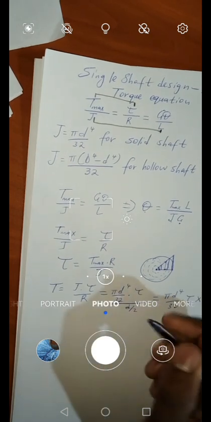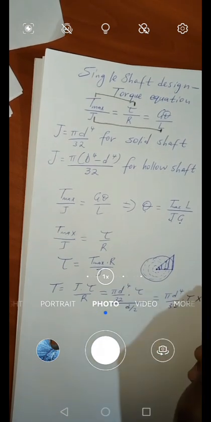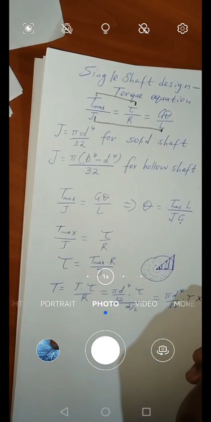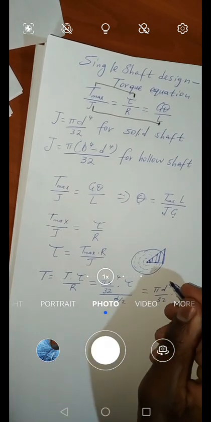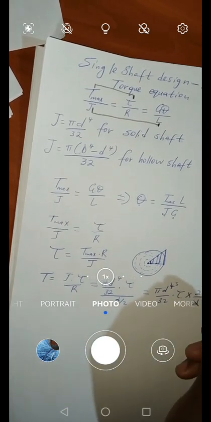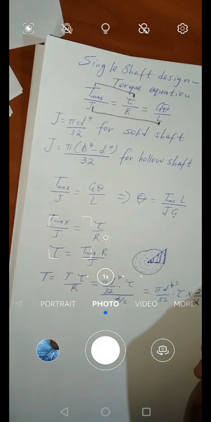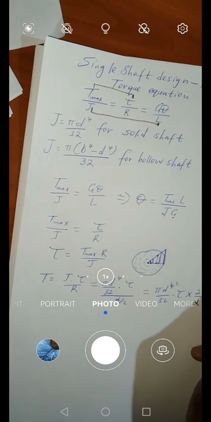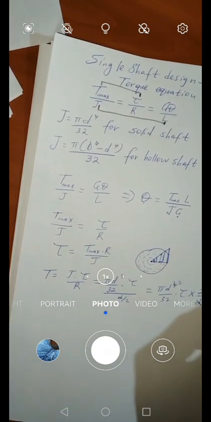Then I write the reciprocal of this d over 2, which is 2 over d. Then from there you simplify. This d will divide d^4, they will remain with d^3. And then 2 over 32 is 1 over 16. Then it will remain with pi d^3 shear stress over 16.